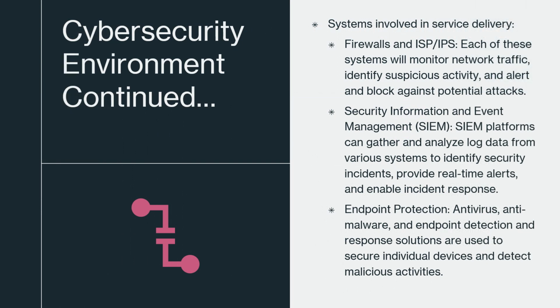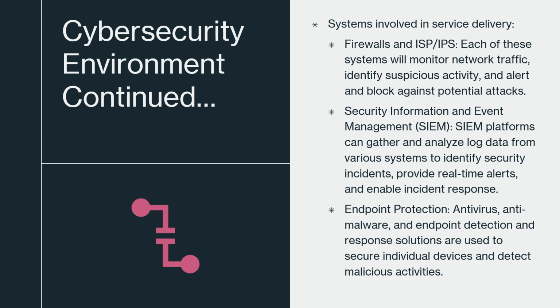Lastly, for our cybersecurity environment, the systems involved in service delivery. These three systems are our primary methods, firewalls in both IDS and IPS. Each of these systems will monitor network traffic, identify suspicious activity, and alert our team and block against potential attacks in some cases.